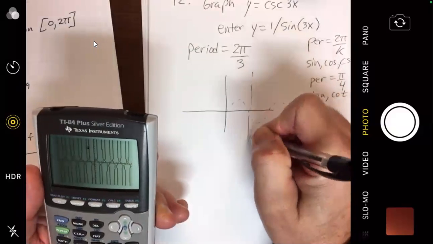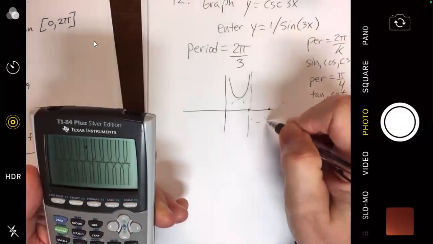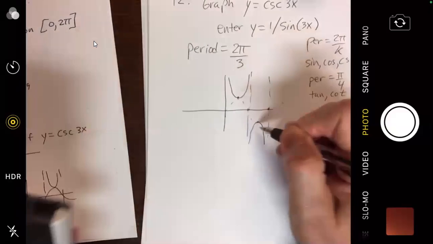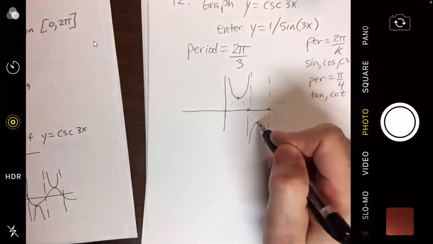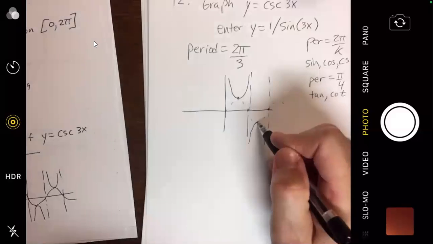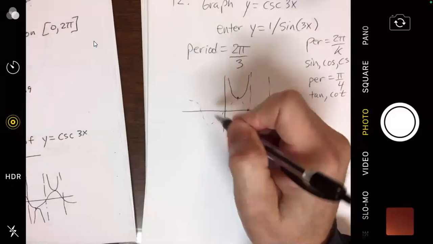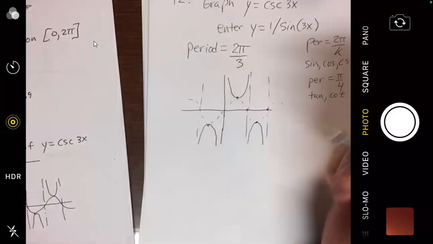You get a vertical asymptote through each x-intercept. The dip flips down. The point at the dip or the peak is identical because that's where your sine is 1, so you flip it and your cosecant is 1. You get another one this way. Asymptote, doing this, etc.